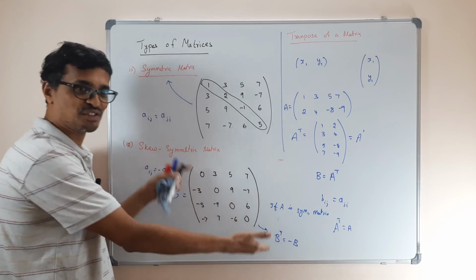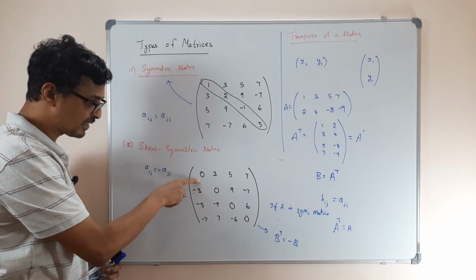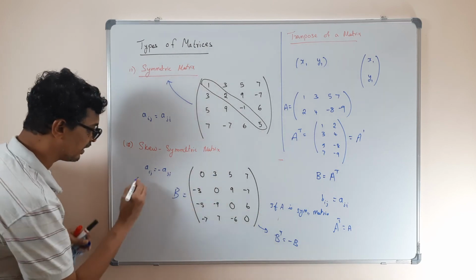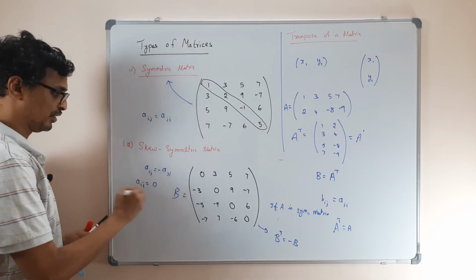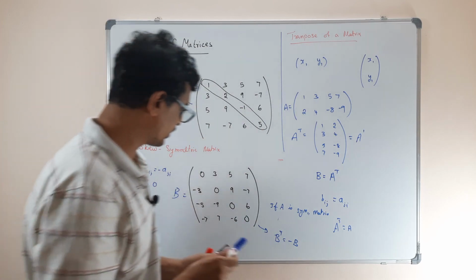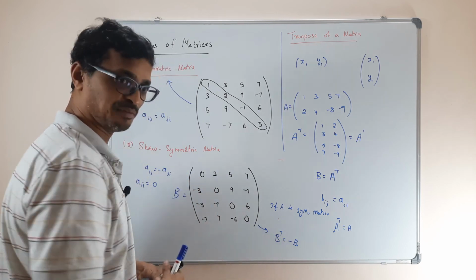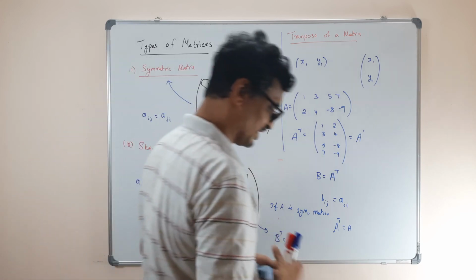That comes only for 0. Okay, everything else is correct. For a skew symmetric matrix, remember, all diagonal elements have to be 0, and therefore A of i i should be equal to 0. I missed it. That was a mistake. That's why I was wondering, because then only your A transpose will become minus A. Otherwise, this will have a negative sign. They will not be equal.